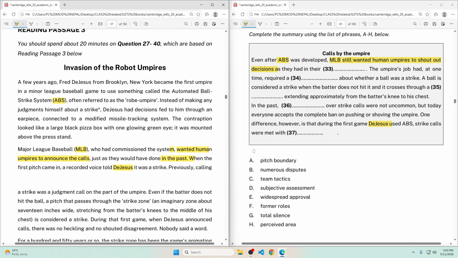Which of these options come close to this meaning, in the past, or the past only?